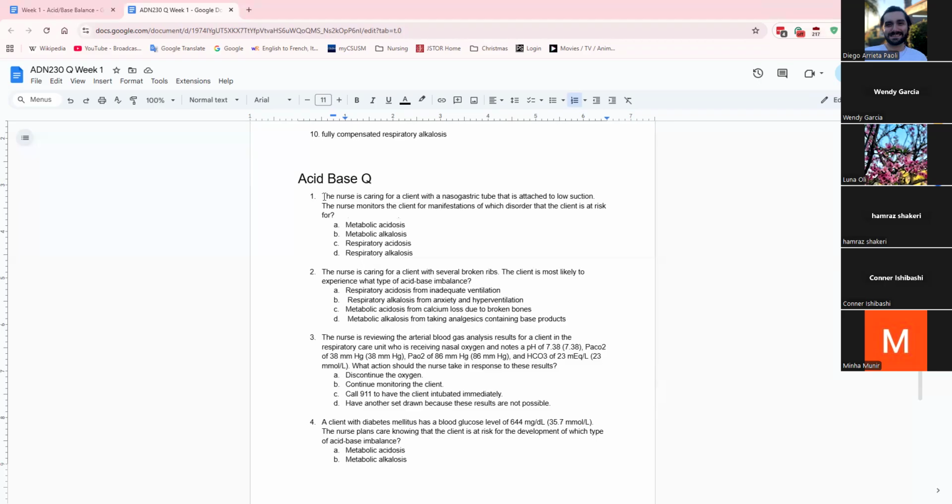So since no one said anything, we'll just go through them. Number one, this is something we've mentioned before. Somebody has an NG tube that's getting set to suction. So what is a possible acid-base imbalance that can be caused by NG tube suctioning?